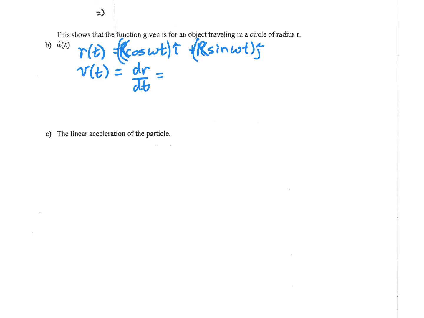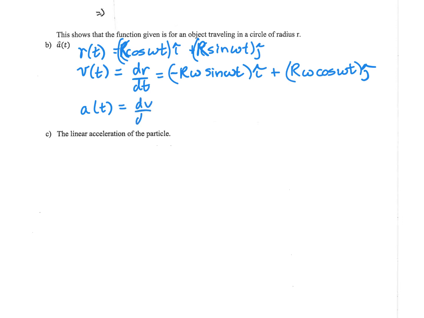So dr dt, we're going to take the derivative of cosine, so that would be negative r omega sine omega t in the i hat direction plus r omega cosine omega t in the j hat direction. Then to find acceleration, I just take the derivative, dv dt.